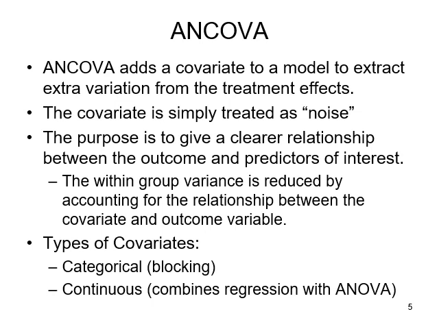The covariate is simply treated as noise. Effectively, we're going to measure a variable that we want to remove from the analysis. The purpose is to give a clearer relationship between the outcome and the predictor of interest. So generally speaking, we're wanting to find something that is varying within the study that impacts the DV, that if we measure and remove will give us a clearer picture, more power to detect what's actually happening.